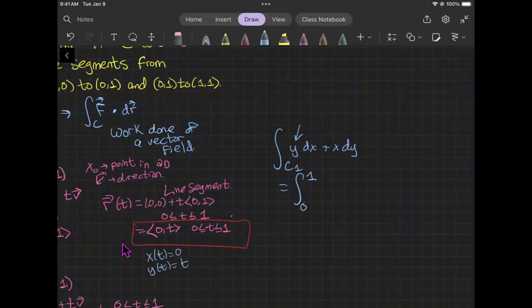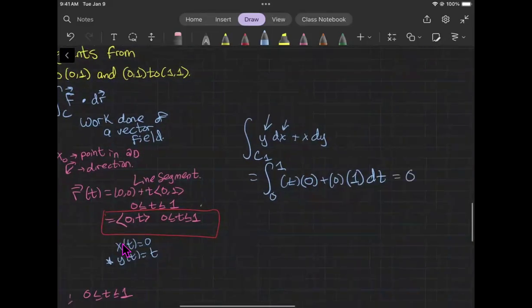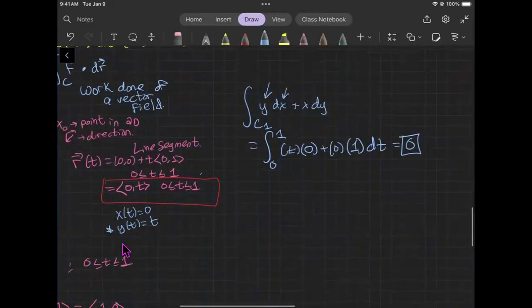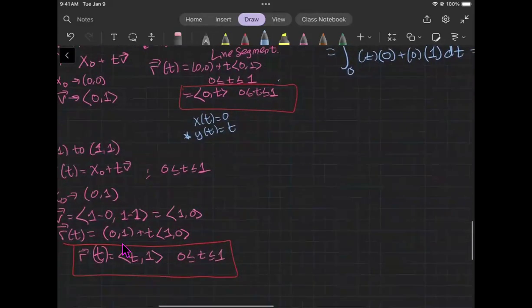So y corresponds to t. Dx refers to x prime of t, but x of t is 0, so x prime of t is also 0. Plus x of t, that will also be 0, times dy dt. So y prime of t. Y of t is t, so y prime of t is 1, times dt. So that's 0. Okay? So that's how you compute the line integral of C1.